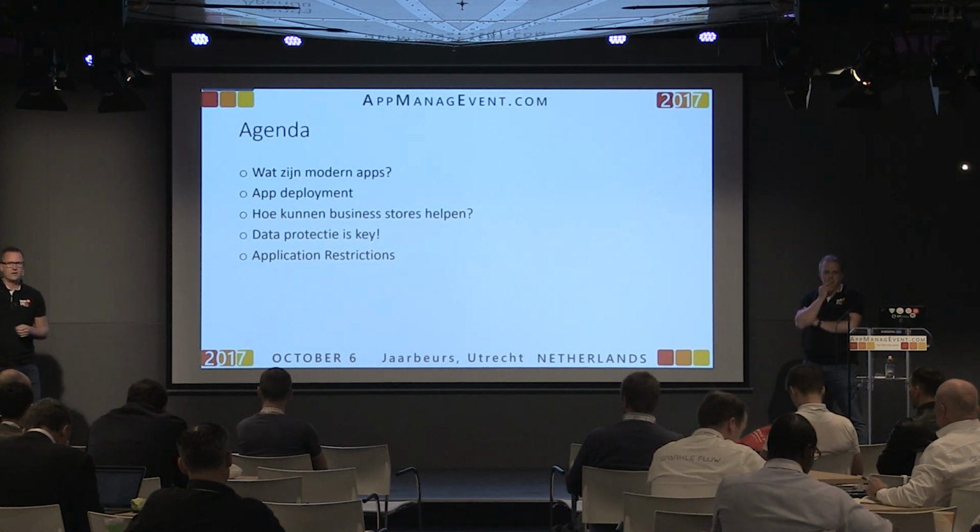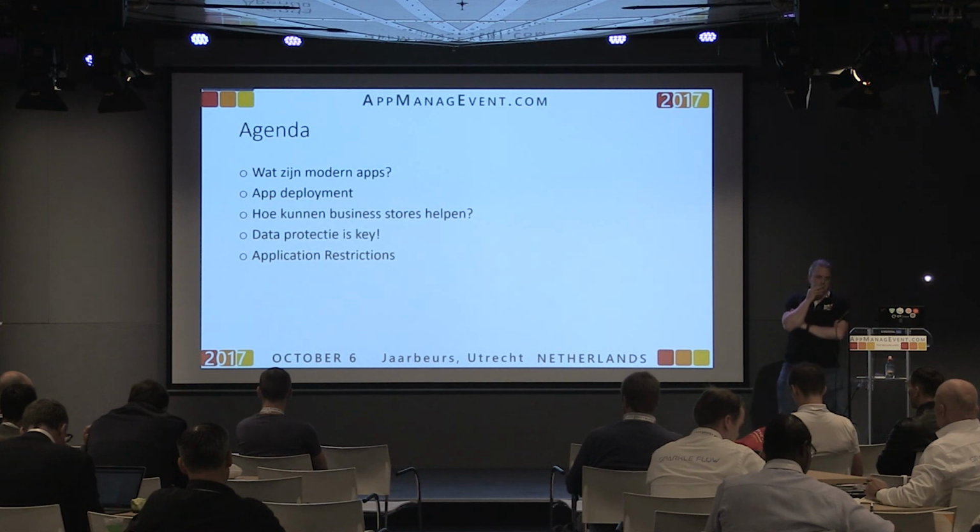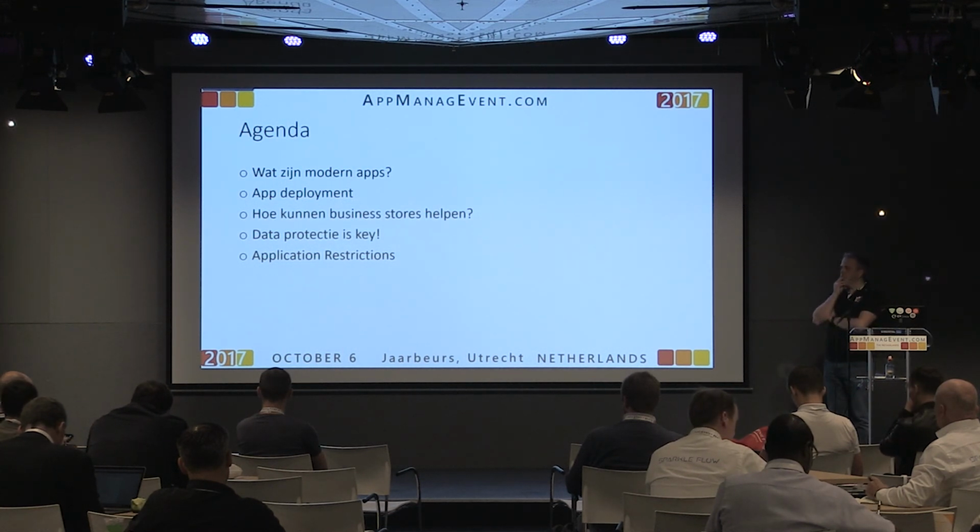One other thing which is really important is data protection nowadays. If we are going to share data on things like SharePoint and OneDrive, we have the possibility to share it with the whole world. Maybe we want to do something with data protection as well.